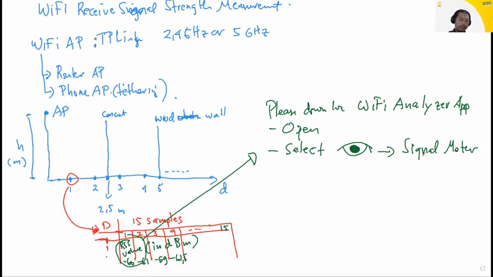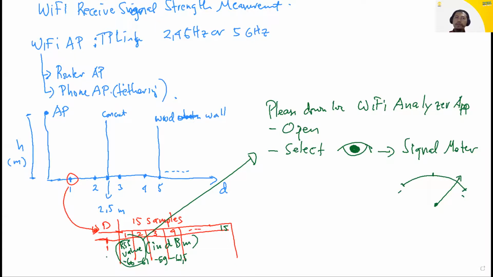The signal meter will appear on your phone like this. This is in dB unit, minus something until minus something, and then you take this maybe every 2 seconds.